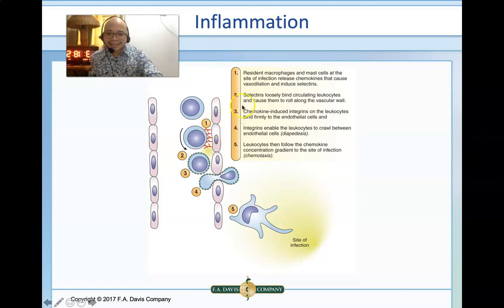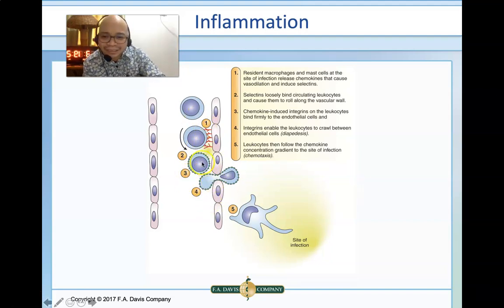Then lectin will loosely bind circulating leukocytes, as you can see here, and cause them to roll along the vascular cells. The pink cells that you see here are the endothelial cells, the cells that line our blood vessels. Because of the lectin, they will bind.